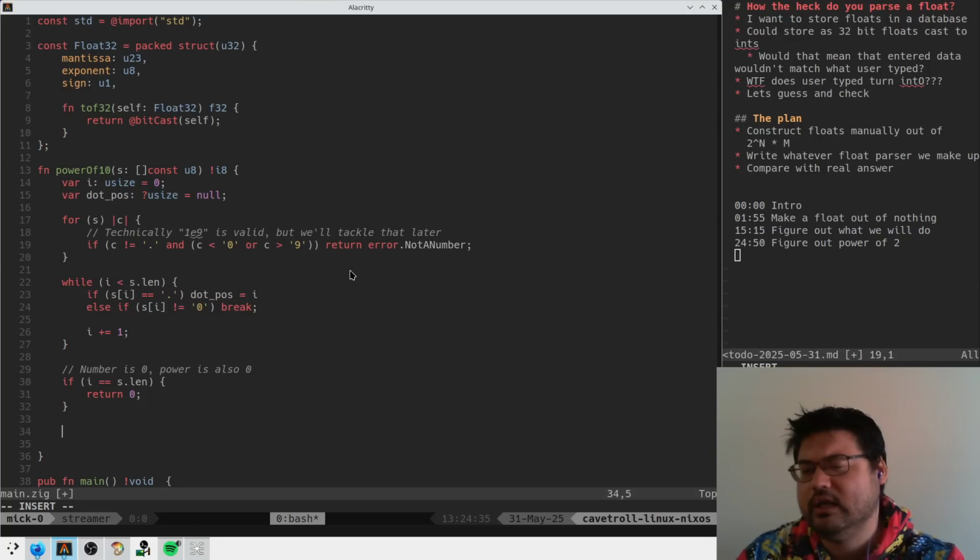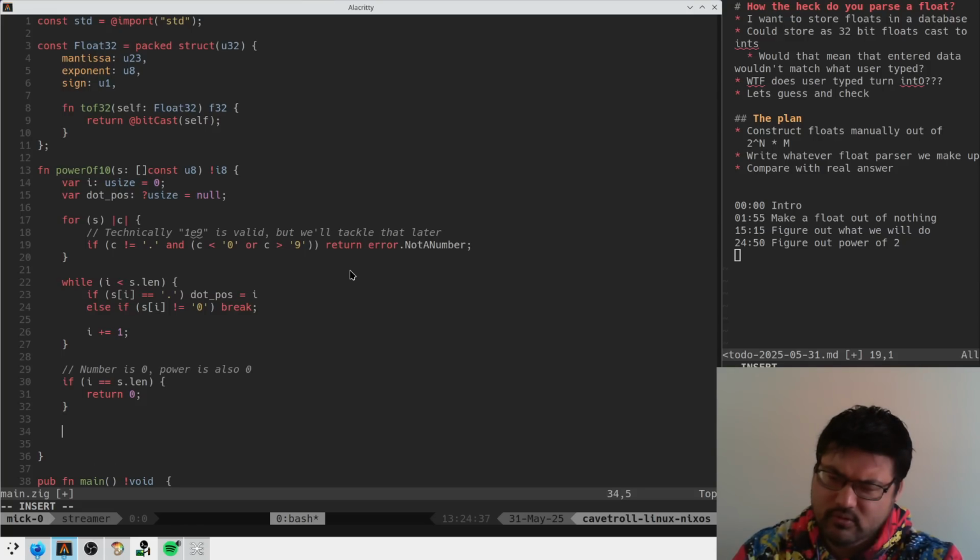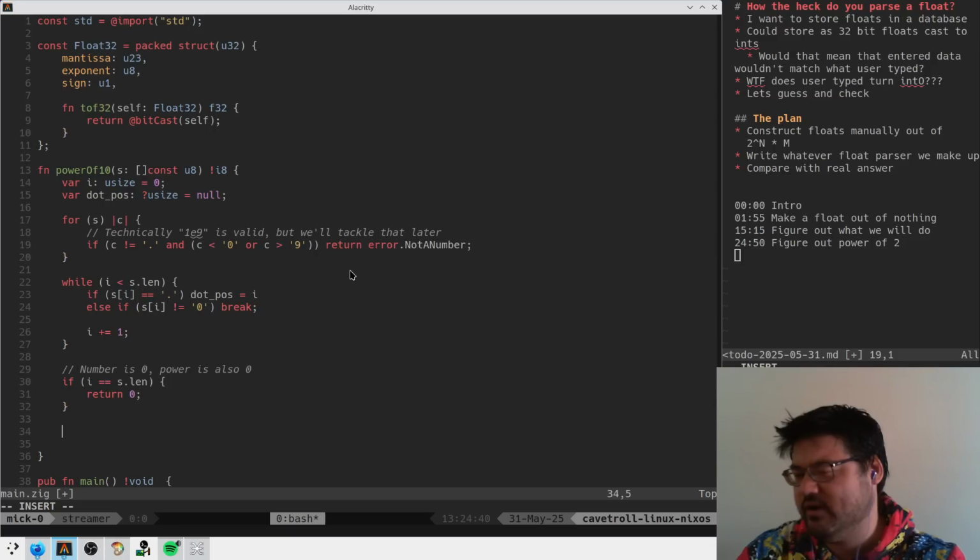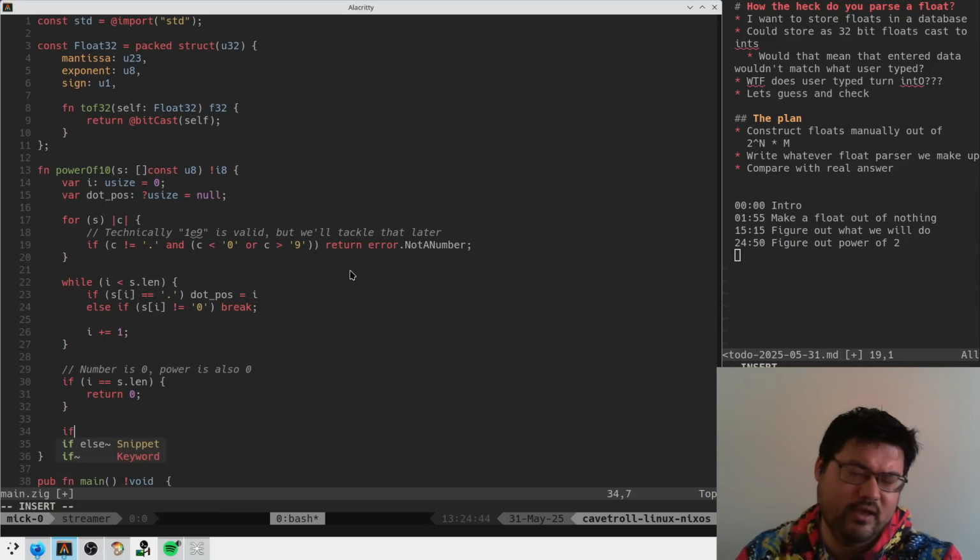So once we've got here, then we have found a digit. I guess if we have the dot pause here, then we know that it's like some negative power. Right?